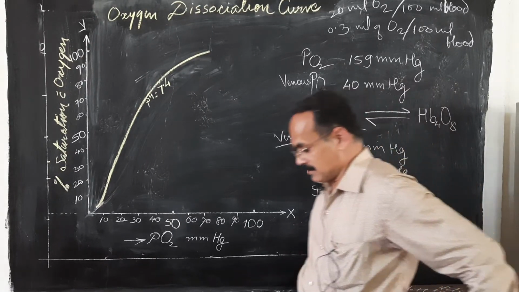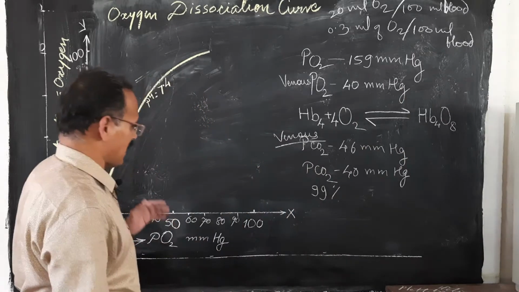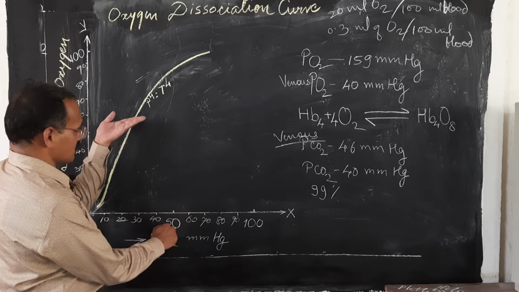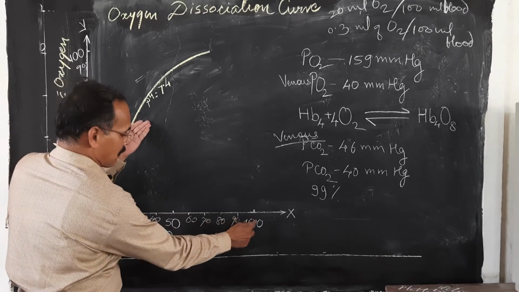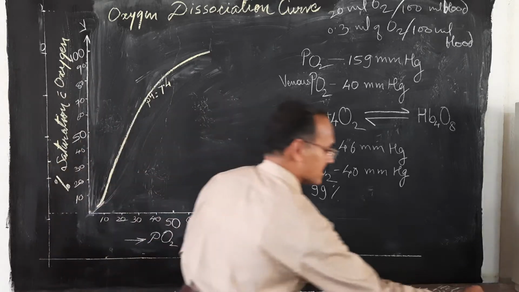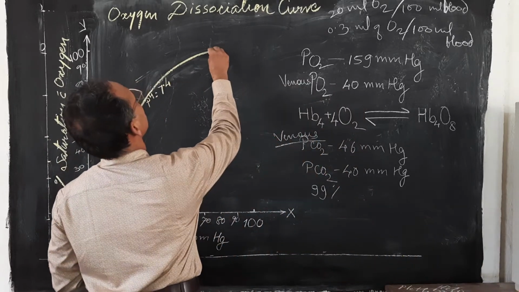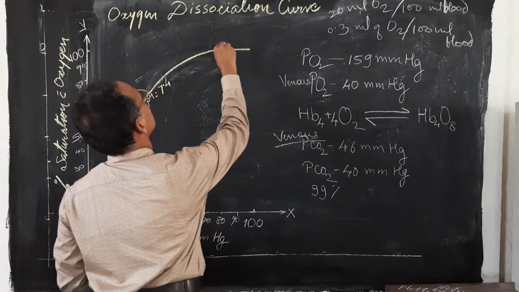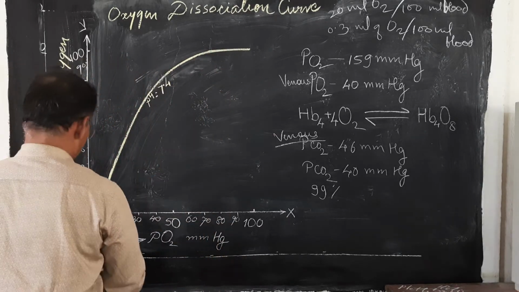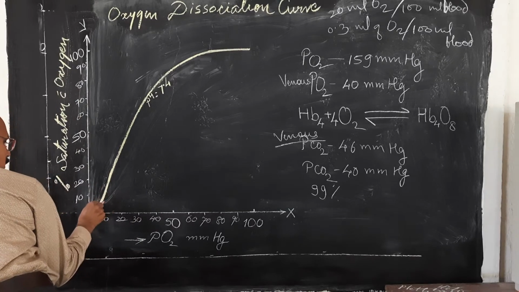As the pressure increases, the saturation increases, and at about 100 mmHg this graph reaches 100% saturation. It shows 100% saturation like this, so it forms such a sigmoid shape.